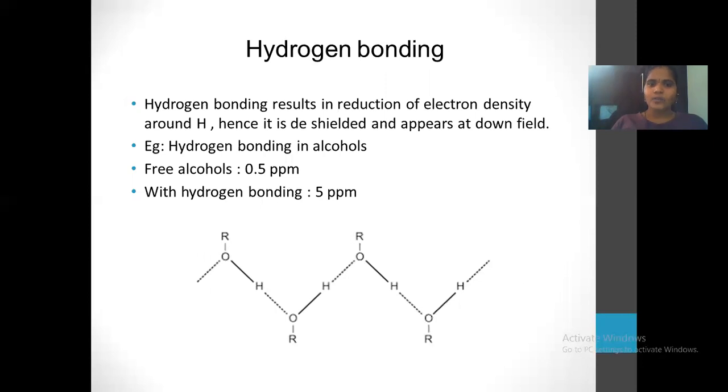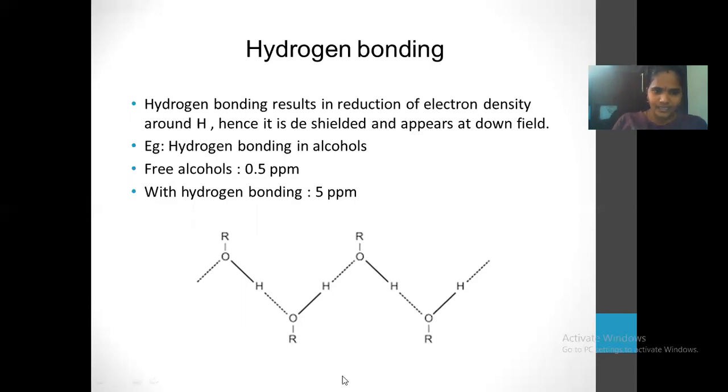Then hydrogen bonding. Depending on the peak position, we can identify whether a compound has hydrogen bonding or not. This reduces the electron density around the hydrogen.